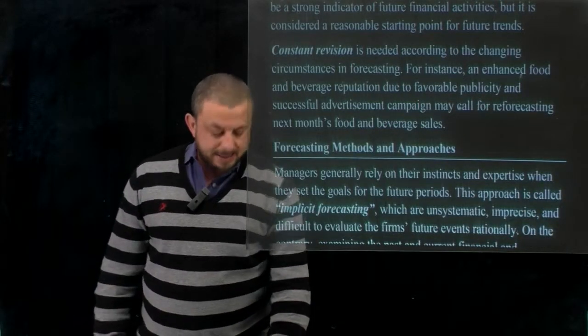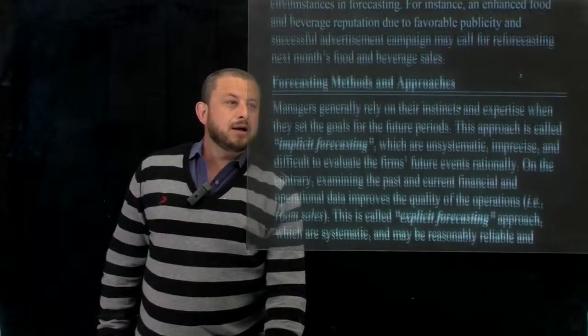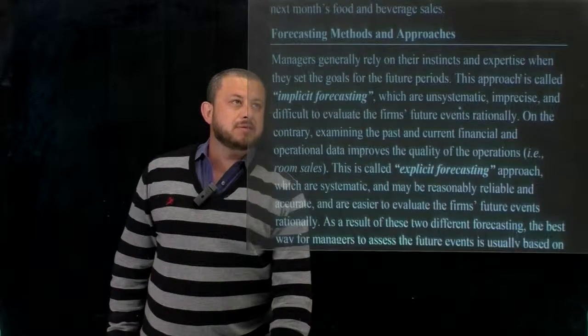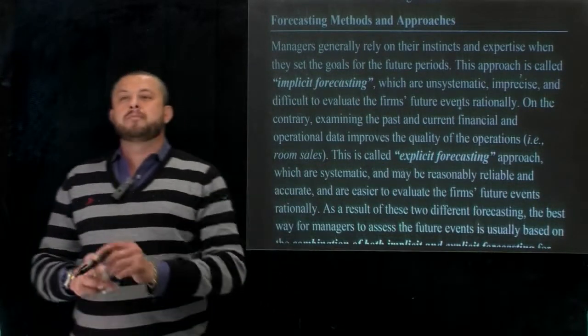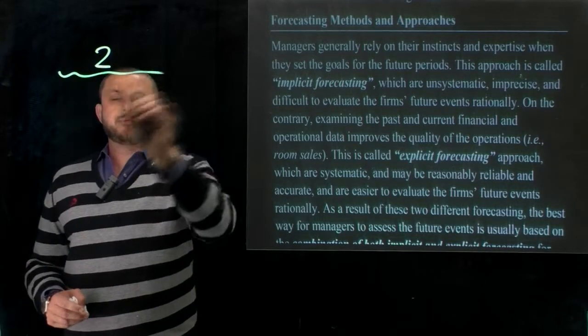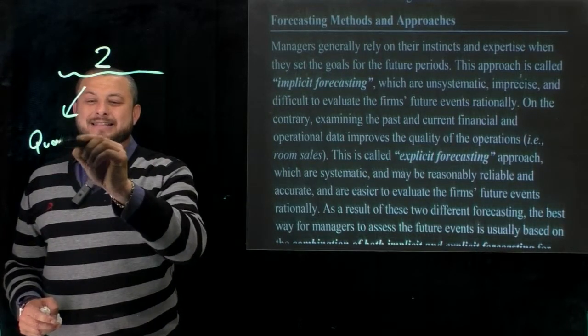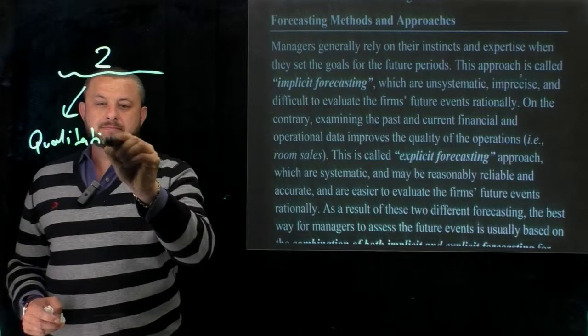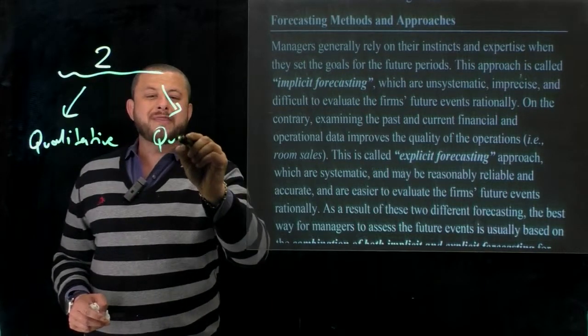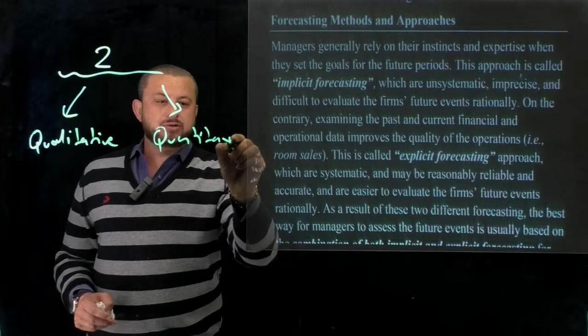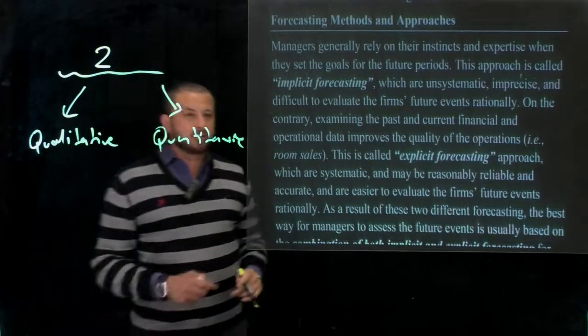Okay, guys, what we're going to do right now is talk about forecasting methods and approaches. We have two main forecasting methods and approaches. One of them is qualitative. The other one is quantitative, okay? I'm going to define them and talk about them.